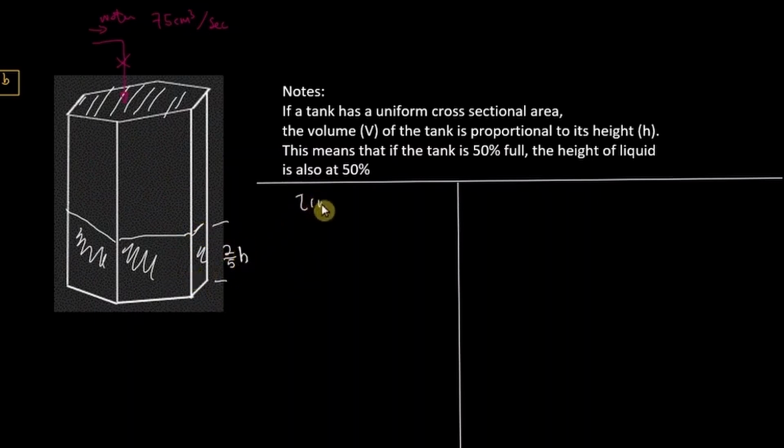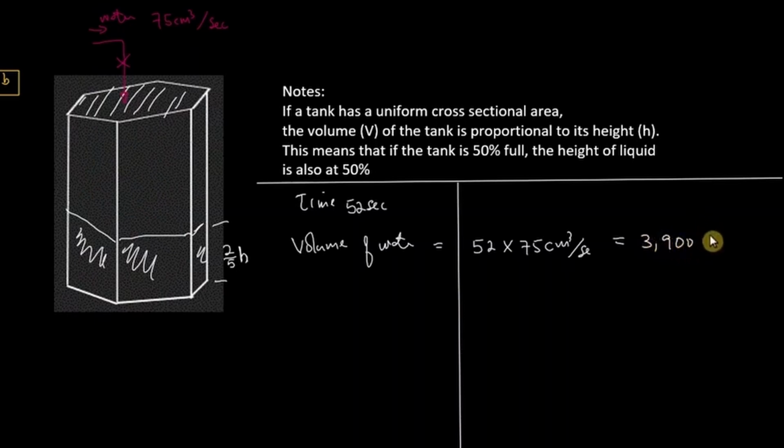If after a time of 52 seconds, then we know that the volume of water is equal to 52 times 75 cm cubed per second, and that is equal to 3,900 centimeters cubed.